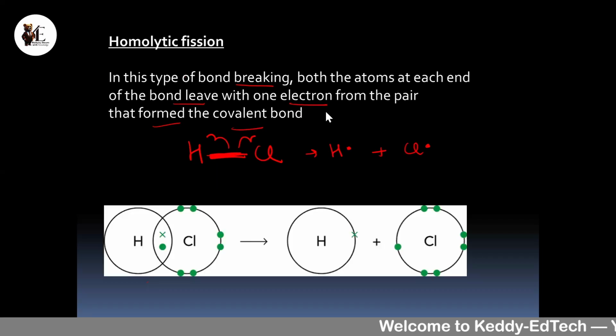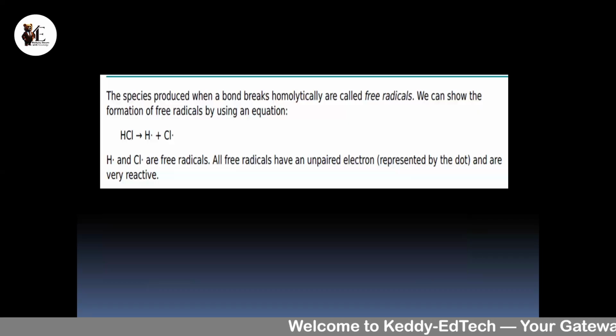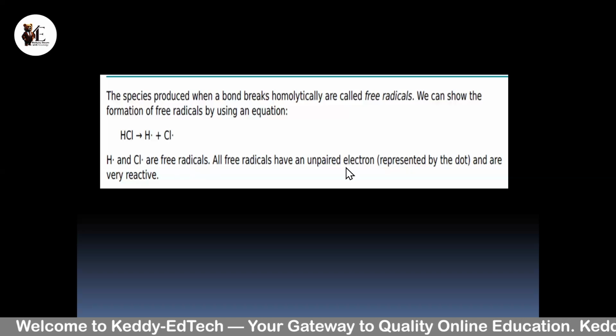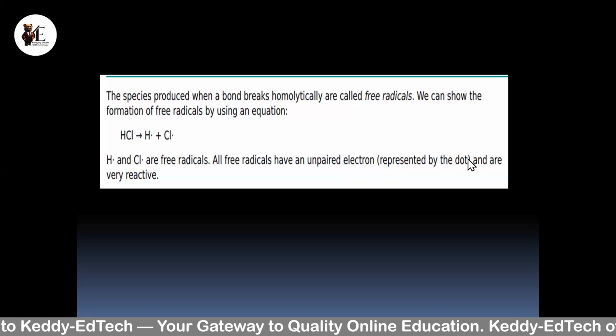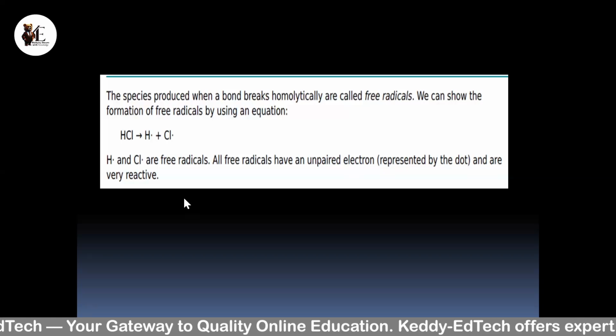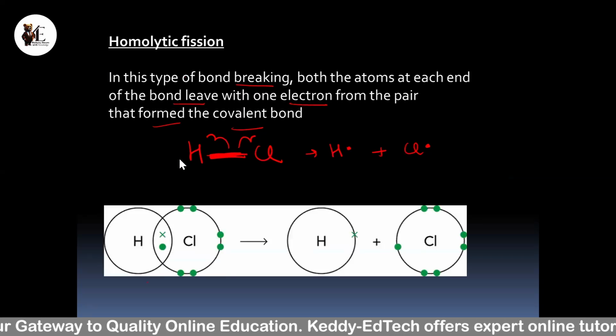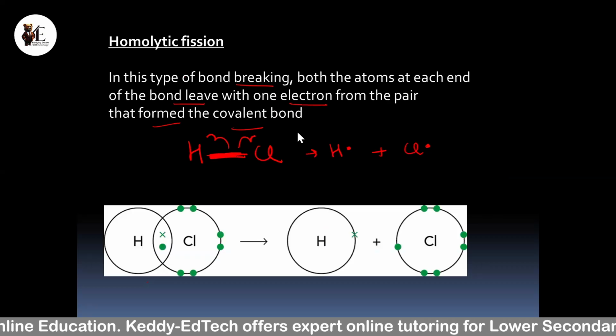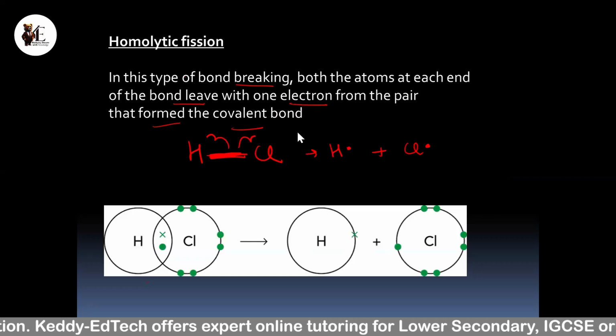So this H dot plus Cl dot, they are known as free radicals. We can show the formation of free radicals by using this equation. Free radicals have an unpaired electron, which is represented by the dot, and these are very reactive in chemical reactions. Equal distribution is known as homolytic fission.